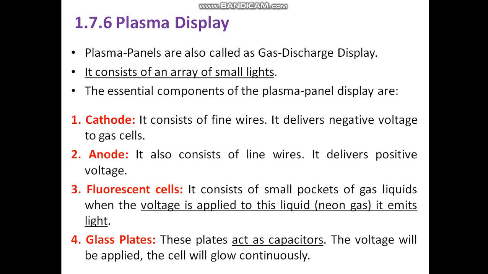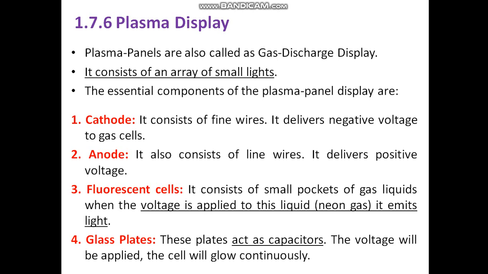The cathode and anode are electrodes. The cathode delivers negative voltage to the gas cell, and the anode delivers positive voltage. The third one is the fluorescent cell. It consists of small pockets of gas. When voltage is applied to this gas, it emits light.